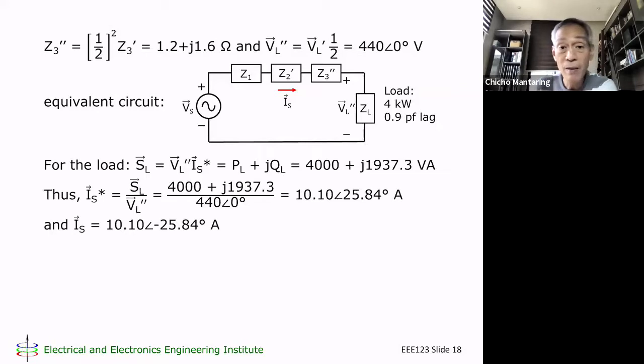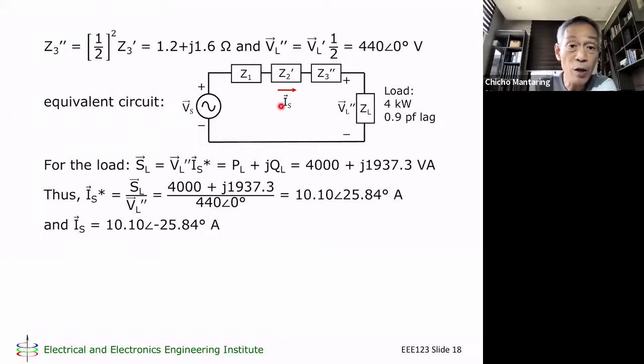For the load, di naman nagbago yung power at reactive power ng load. The power and reactive power of the load will not change. It's still the same. This is something we computed earlier from the power triangle. Ang magbabago is yung voltage.